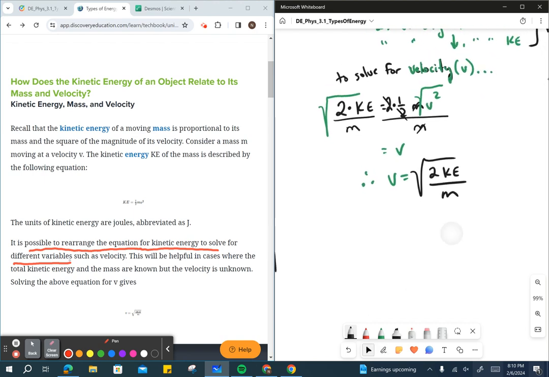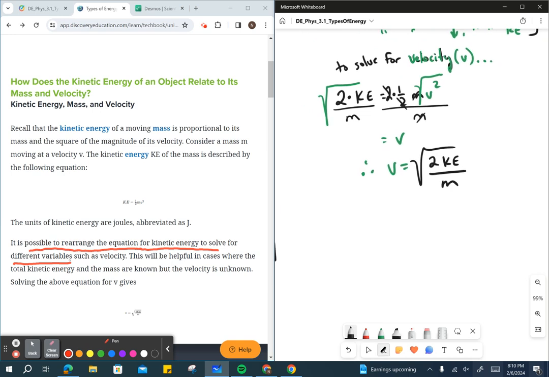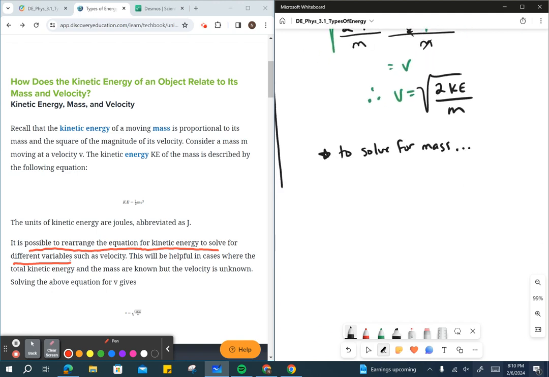Now, if we want to solve for mass, let's do that as well. Kinetic energy is equal to 1/2 times mass times velocity squared. This time we are trying to solve for the mass, so we need to get the mass all by itself.